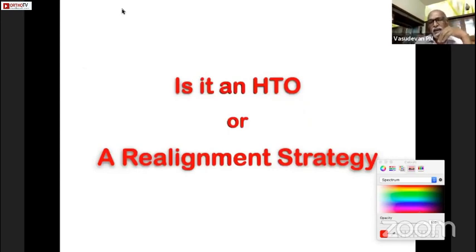So HTO is not the answer for all problems. HTO corrects the deformity, but it's only part of a realignment strategy. So we cannot fit everything to HTO. There are femoral deformity corrections and so many other concepts on that.